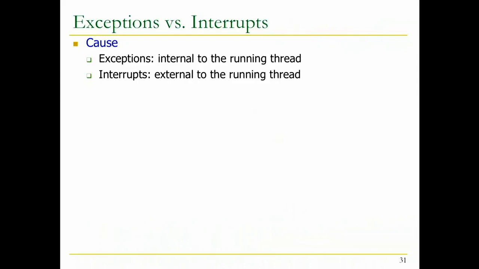An interrupt, on the other hand, its cause is external to the running thread. A program is running, externally some user decides to hit the keyboard, or, I don't know, move the mouse, but the processor is busy doing something else, right? So the processor needs to be interrupted. By the way, interrupts are a very von Neumann concept. Exceptions are not, if you think about them.